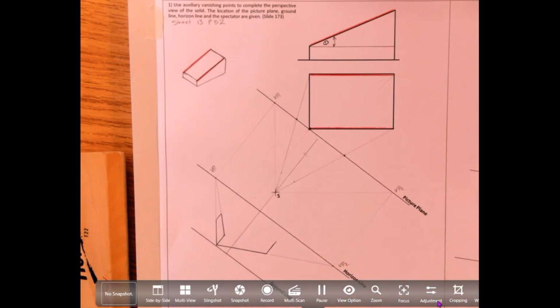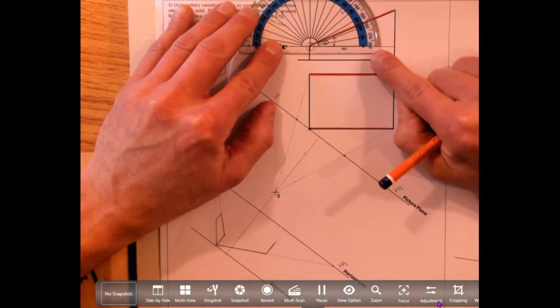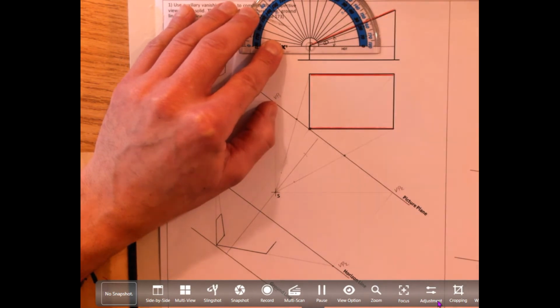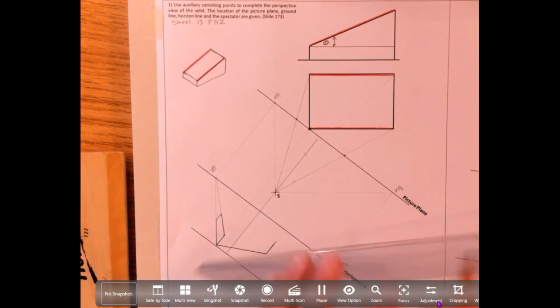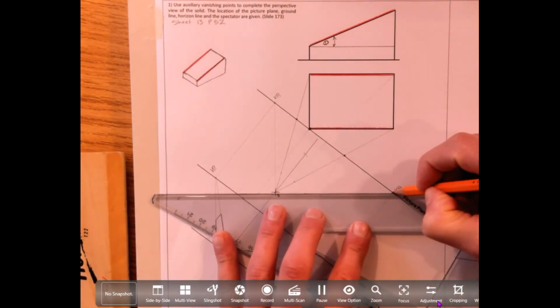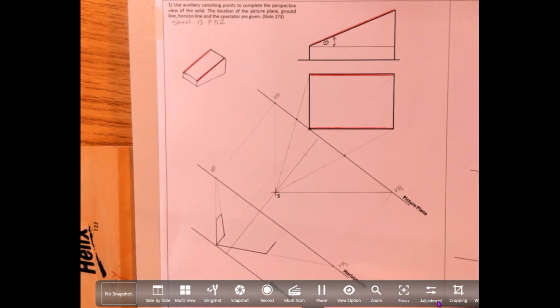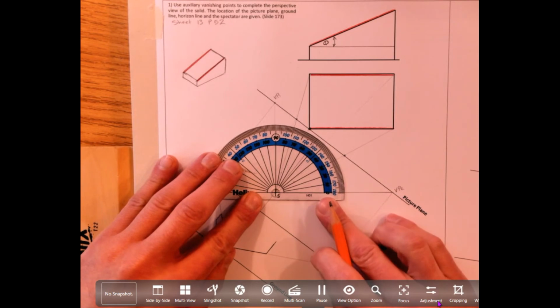Now I'm not going to use a piece of cardboard. The handy way of doing it, or the straightforward way of doing it, is we recreate the angle. So the angle of that line is 22 degrees. I come down, I'll just highlight my vanishing point line a little bit. I'm coming off at 22 degrees from that line.